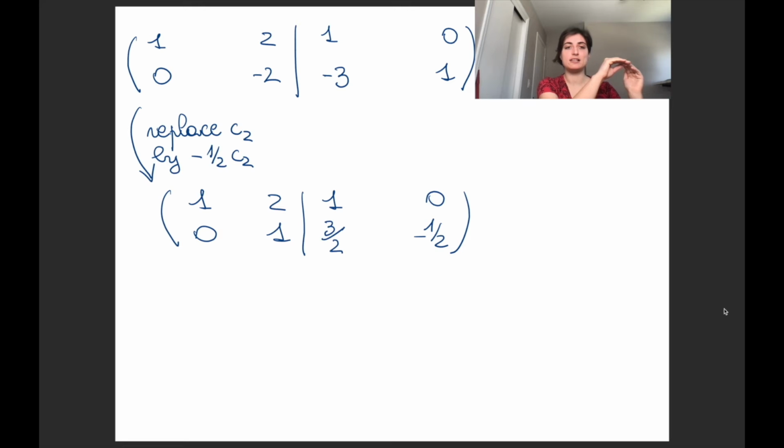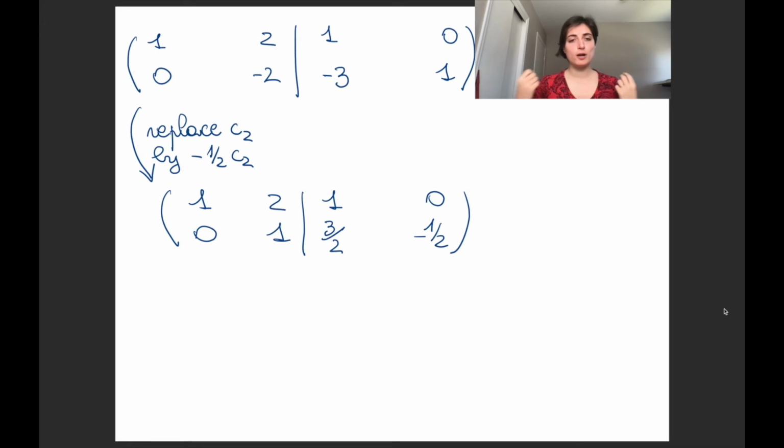So we replace the second line by itself multiplied by minus 1/2. So this gives us neatly 1 on the diagonal of the left matrix. And all the other terms in that line get changed. So now instead of 0, minus 2, minus 3, 1, we have 0, 1, 3/2, minus 1/2.